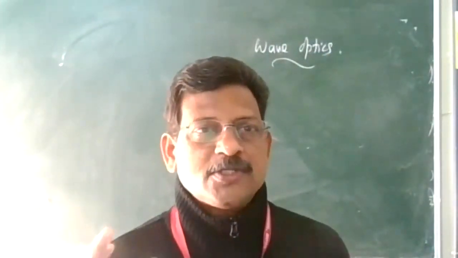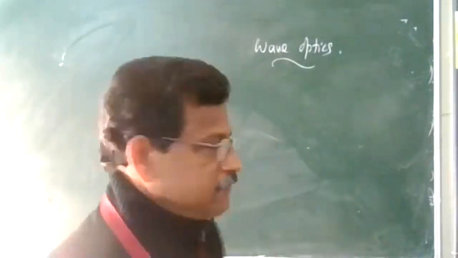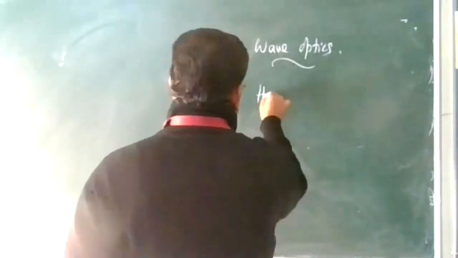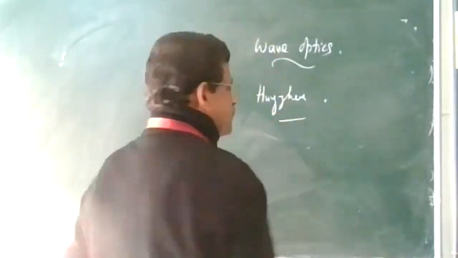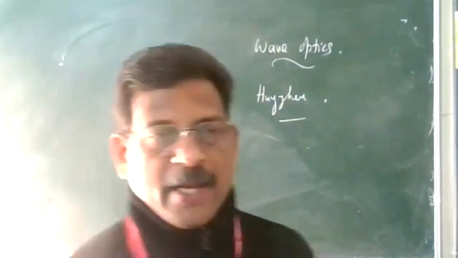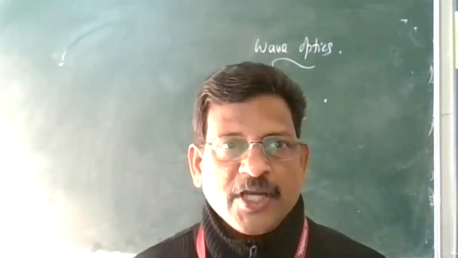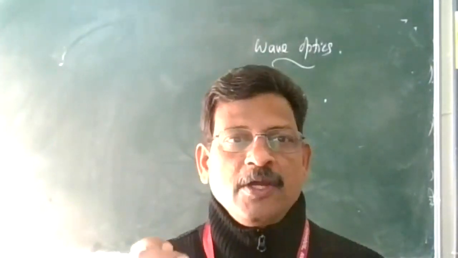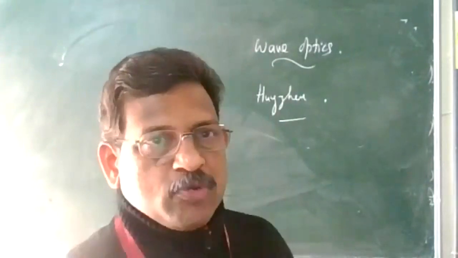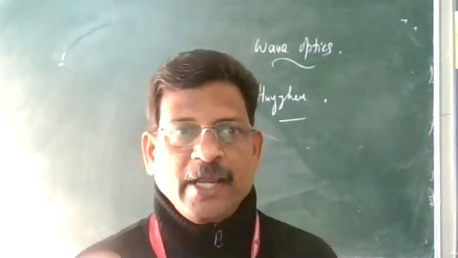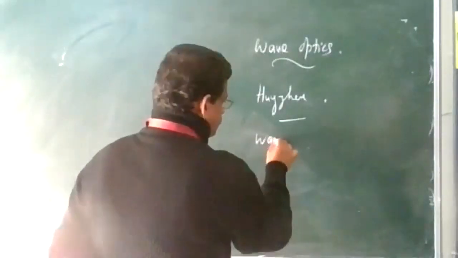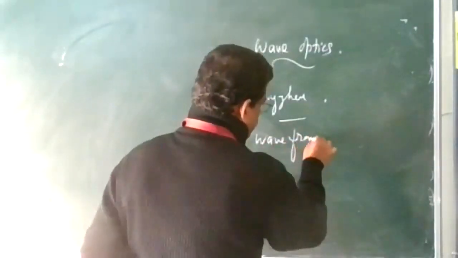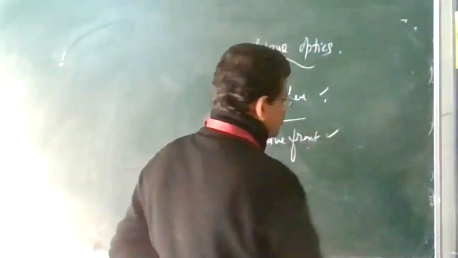The first part is the wave theory of light, which was introduced by Huygens. We study the meaning of a wavefront and what his postulate was. The first point is Huygens principle.